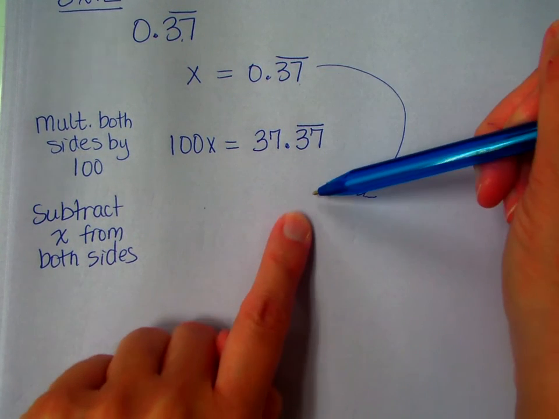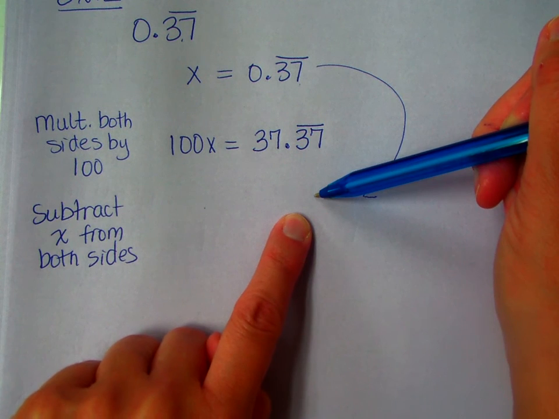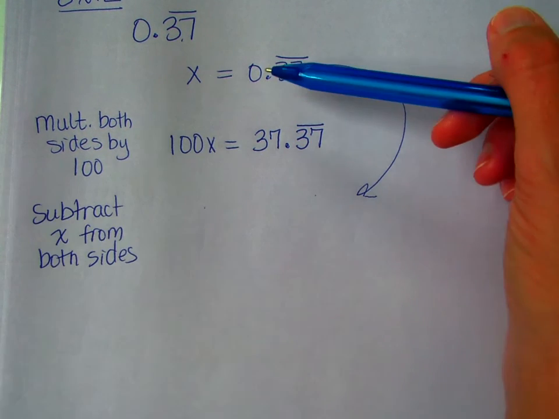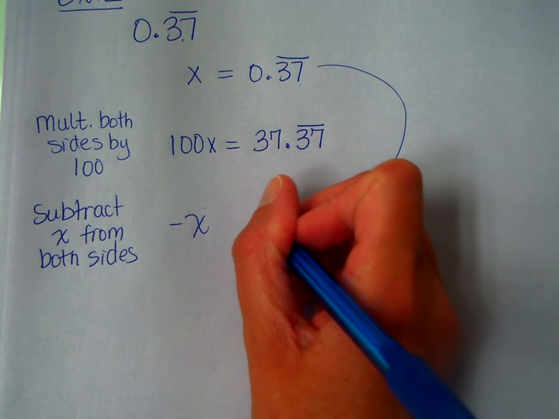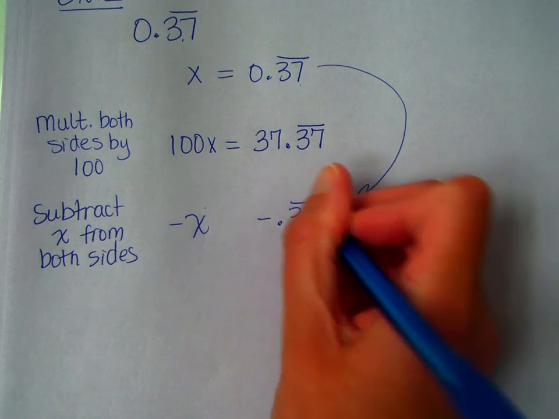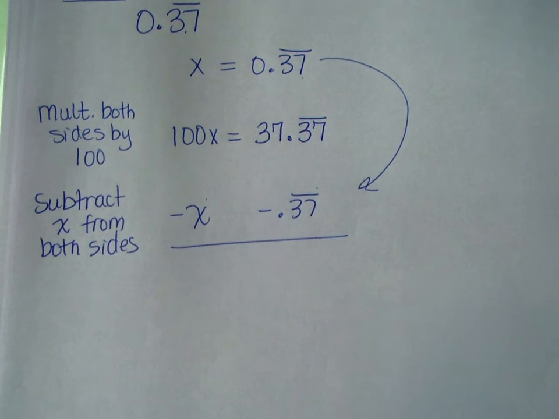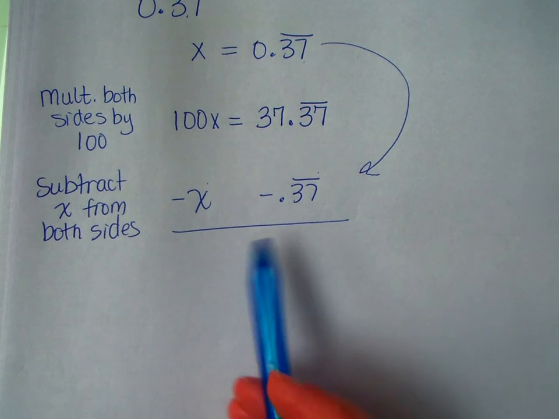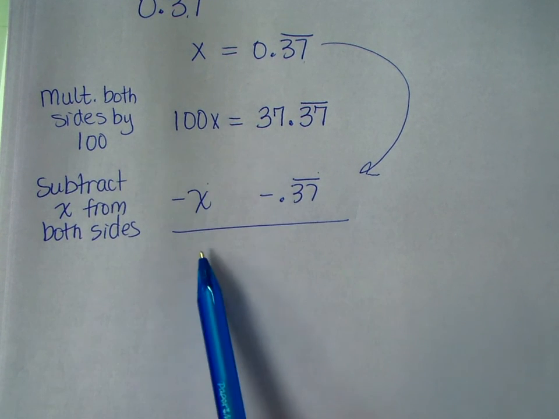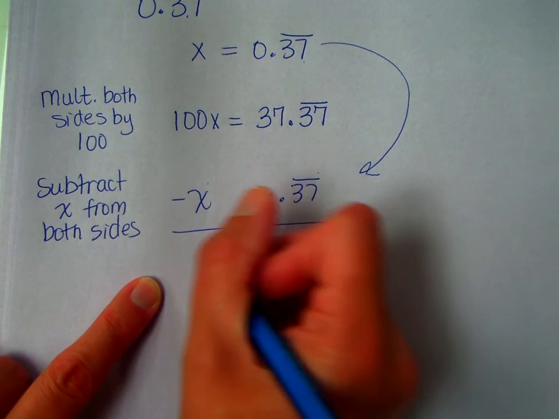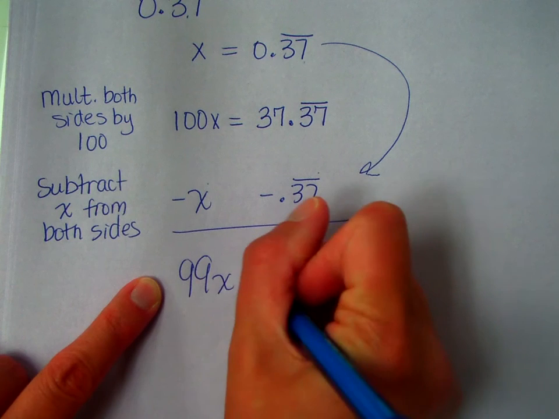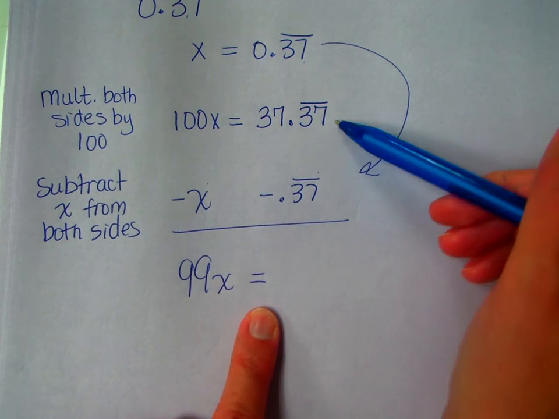They're both equal to each other, so I'm subtracting the same thing from both sides. So 100x minus 1x, we are left with 99x.